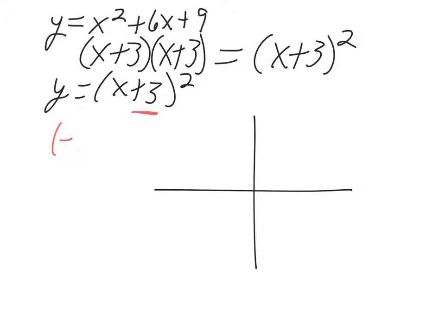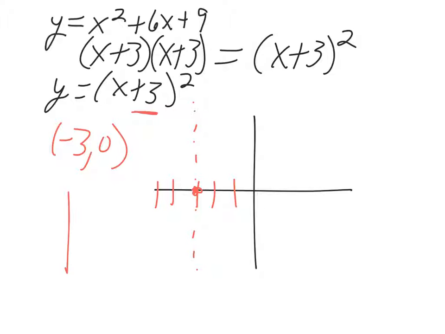Let me write that better here. Negative 3, 0. So if you're able to factor your equation, which will come out like this, x plus 3 squared, you take that number, in this case it's plus 3, take the opposite, and that is going to be your vertex and your axis of symmetry there.